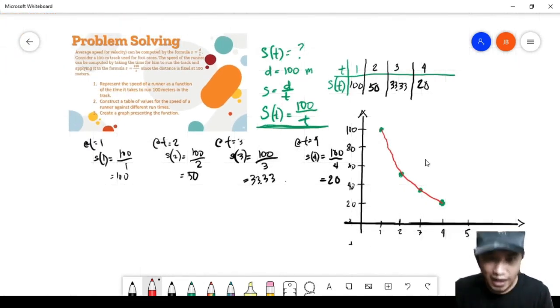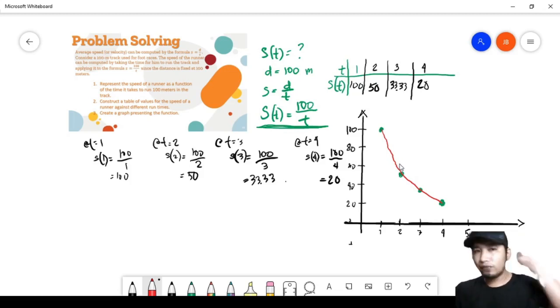Yes, nagawa natin yung tatlong question. Nakagawa tayo ng function, and then naka-construct tayo ng table of values. Okay, and then we created a graph of the function. Alright? So that is the solution for the problem solving number 2.